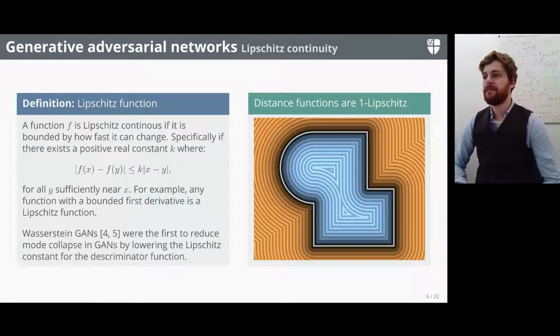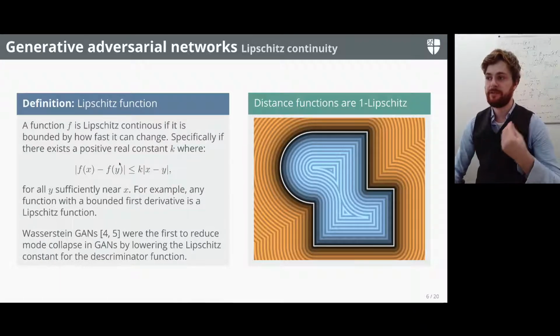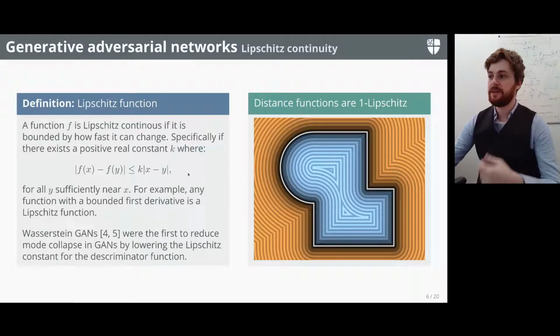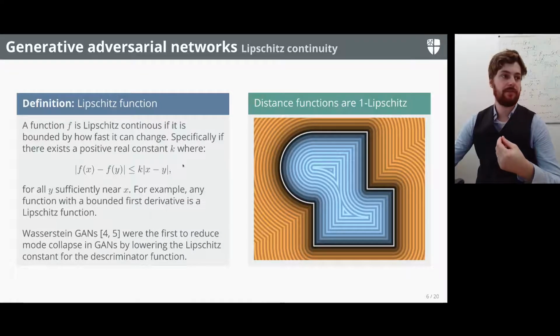So simply put, a function is Lipschitz if it's bounded by how fast it can change. So if we look at the definition here, you can see that a function is Lipschitz if there exists some real number such that for every pair of nearby points, x and y, technically we would say that these are points on the graph of the function, the absolute value of the slope of the line connecting them is not greater than this real number, this k.